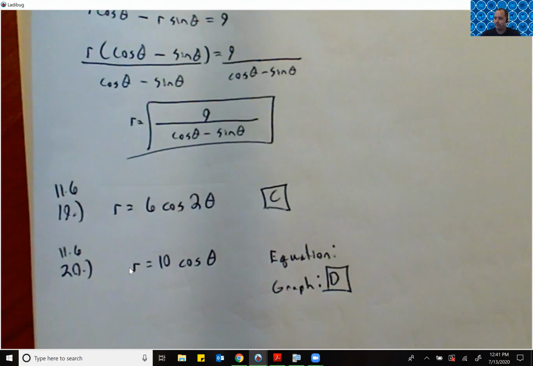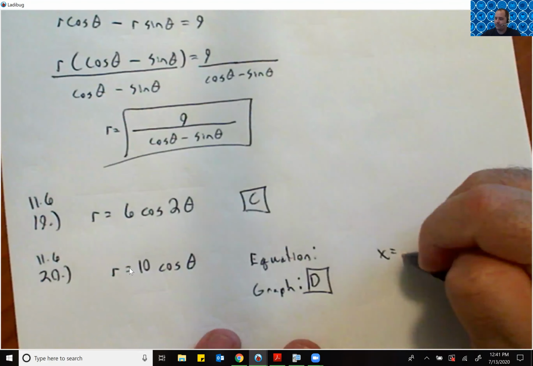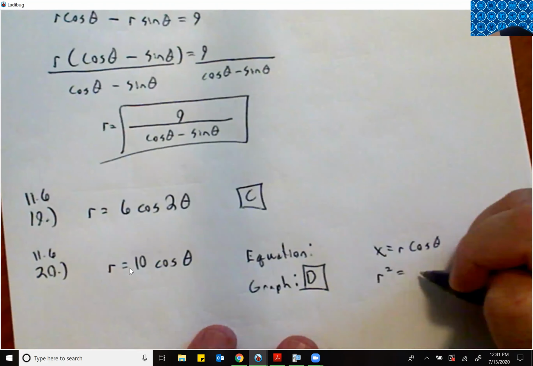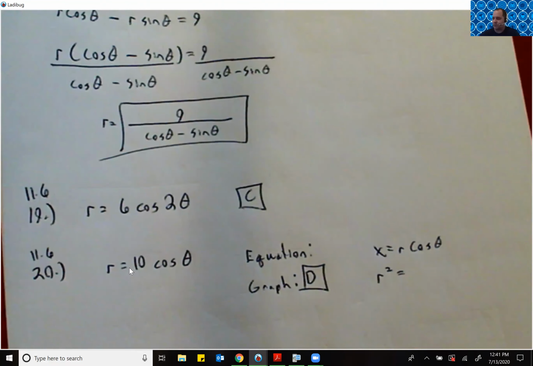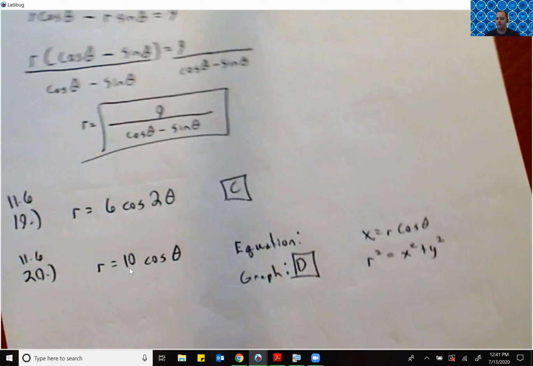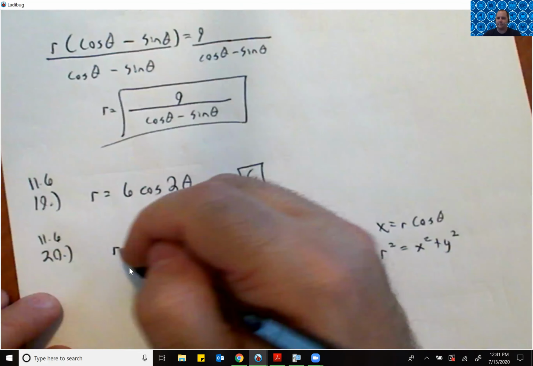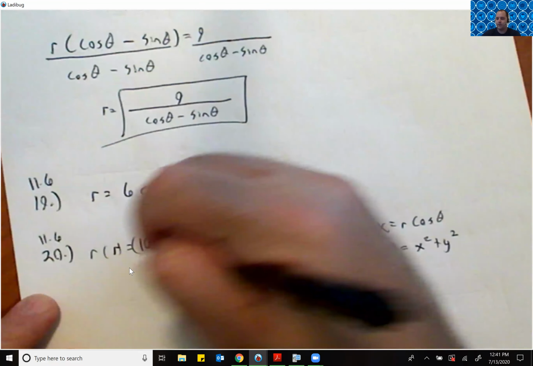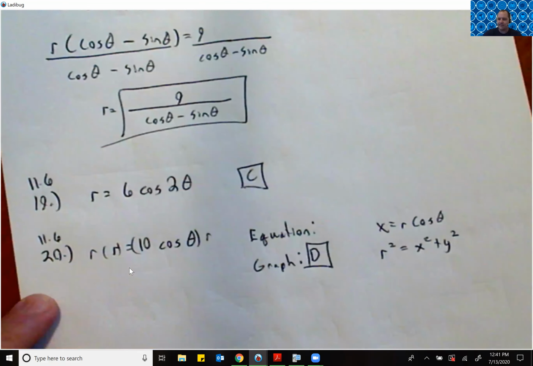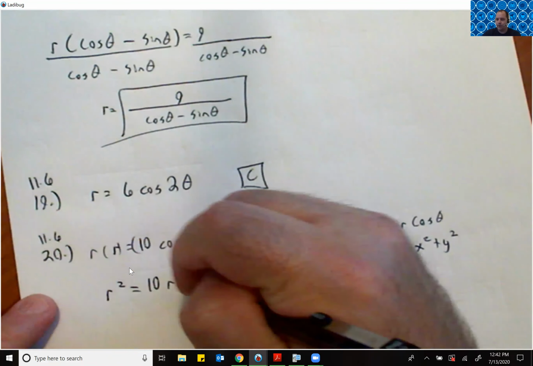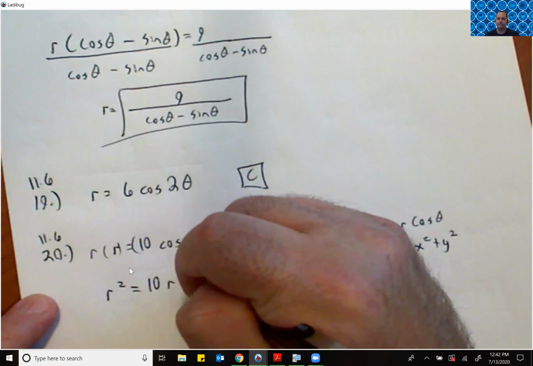And we also know that r squared is equal to x squared plus y squared. So I'm going to multiply both sides by r, and that's going to give me r squared equal to 10r cosine theta.